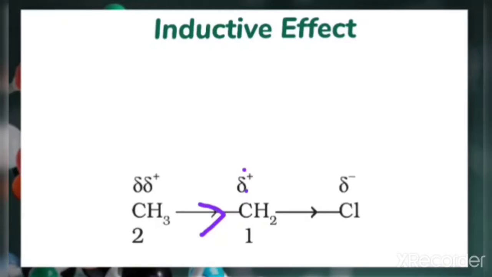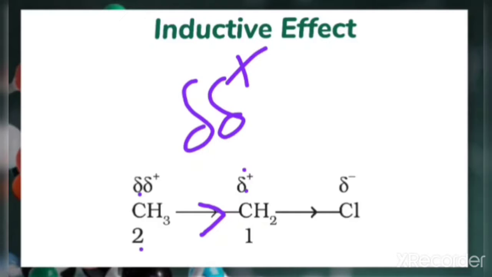Because of this, a small charge is developed on the second carbon, represented by double delta positive, which symbolizes a relatively smaller positive charge compared to the charge developed on the first carbon. So double delta represents that the fraction of these charges will be smaller compared to the first one.